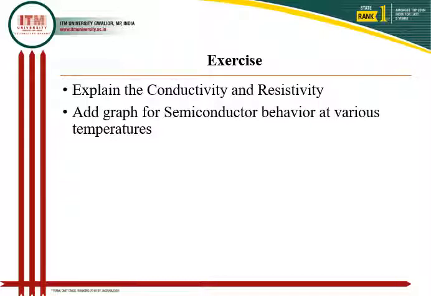Another question you should work out is the graph for semiconductor behavior at various temperatures. I've shown here the graph for metals and superconductors. So what will be the graph for semiconductors? Add this graph to the same curve that I have shown in the previous slides.